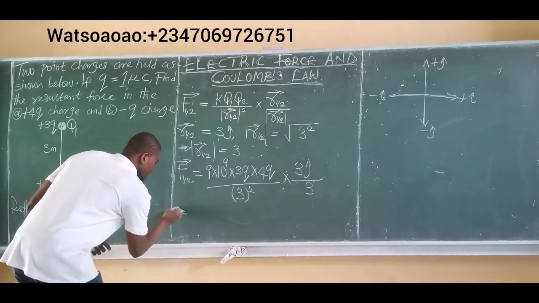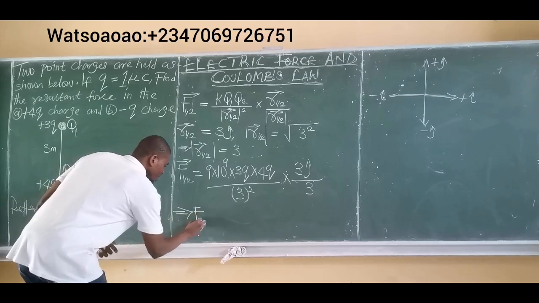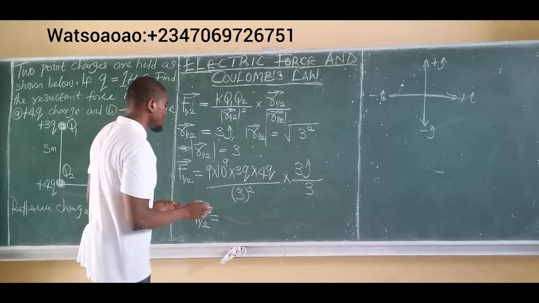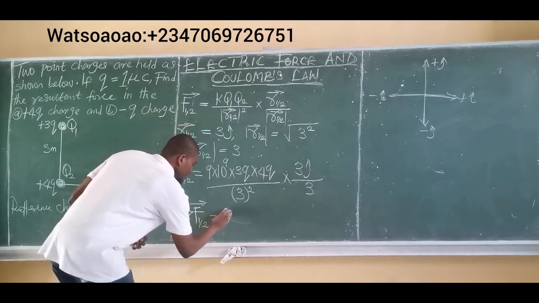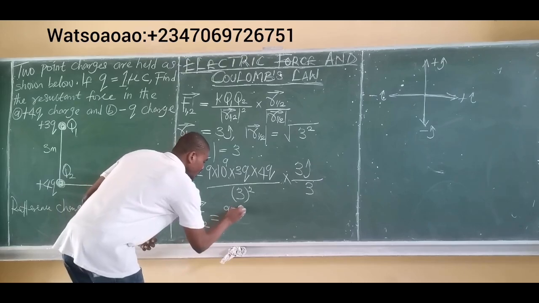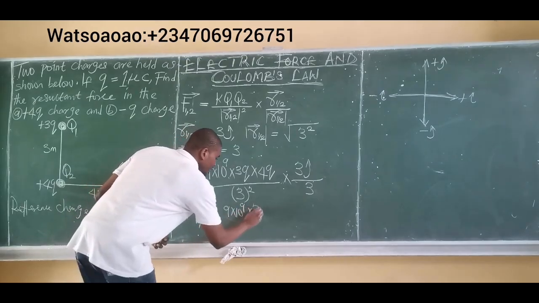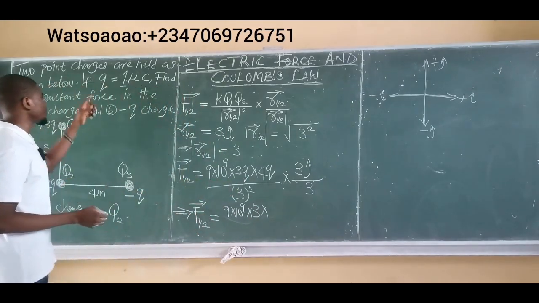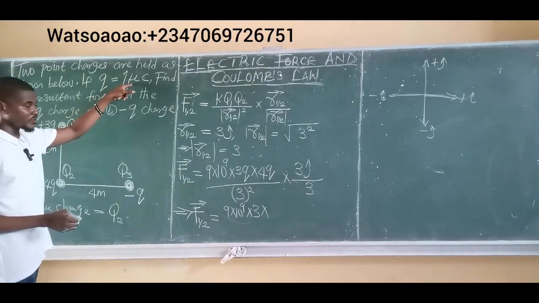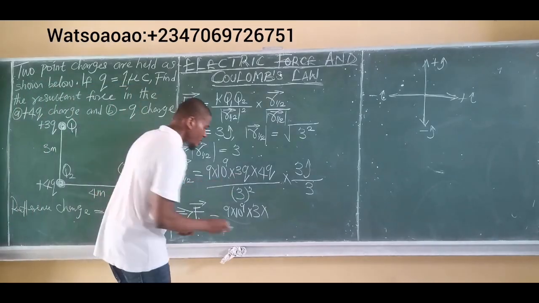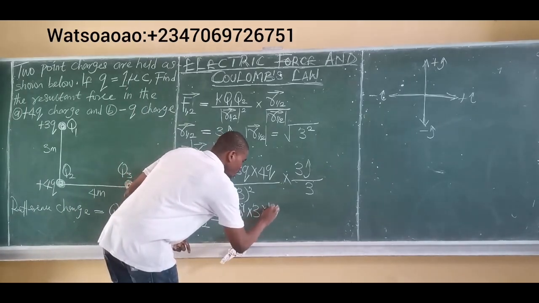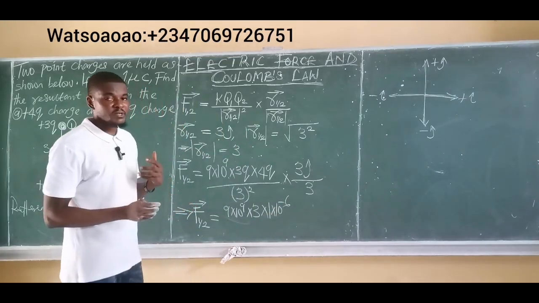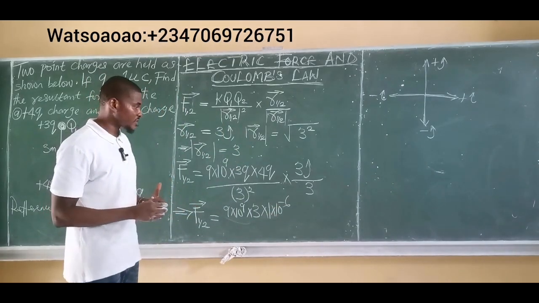So this implies that the force of attraction between charge 1 and 2 is now going to be 9 times 10 to the power of 9 multiplied by 3, multiplied by, remember earlier in the question, it was given that Q is taken as 1 microcoulomb. So in place of Q, we have 1 times 10 to the power of negative 6, because 1 microcoulomb simply means 1 times 10 to the power of negative 6.